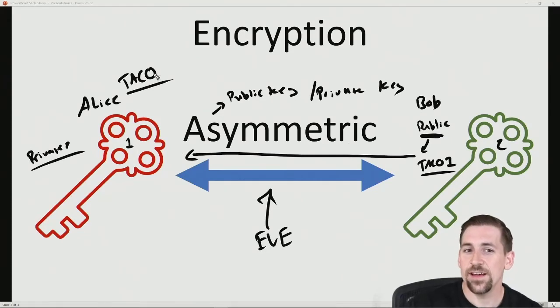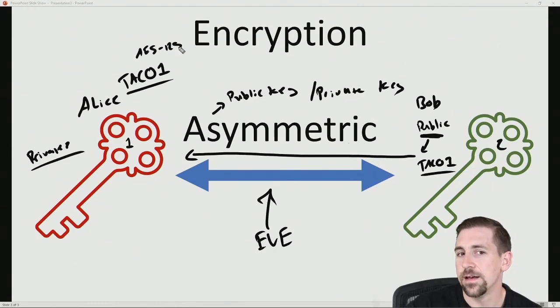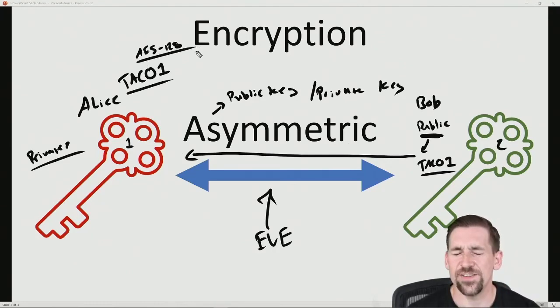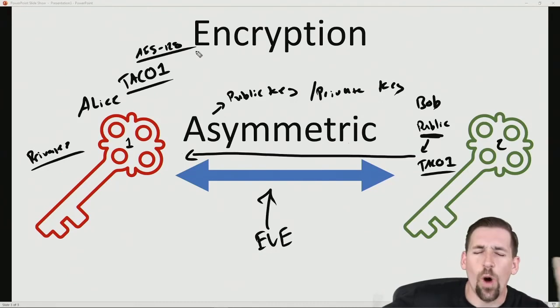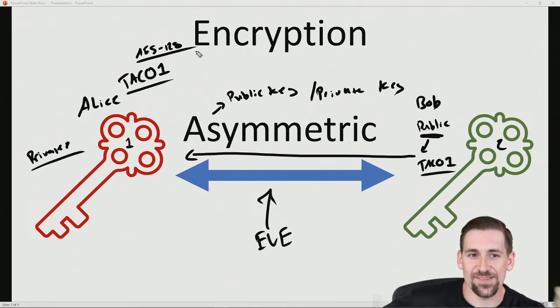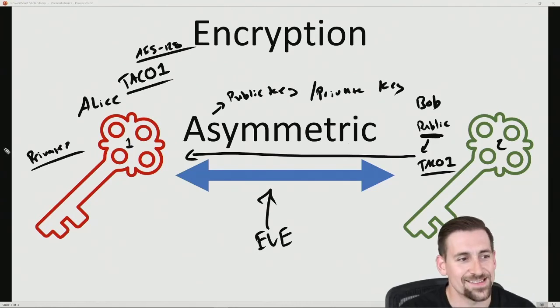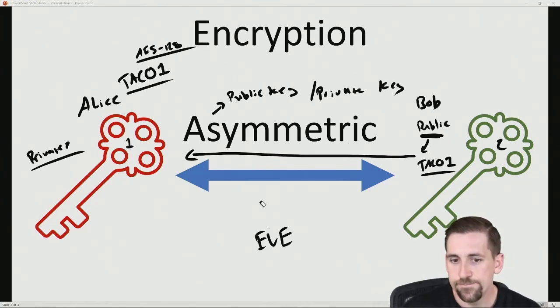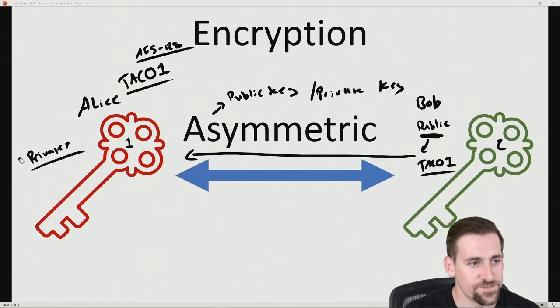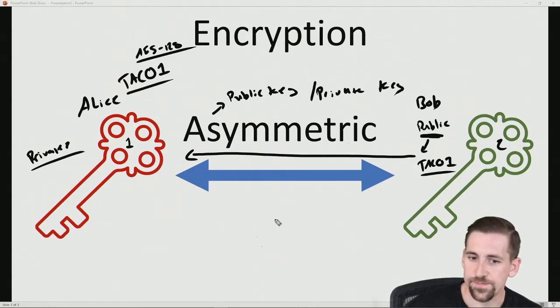We can then go on and use a symmetric algorithm, let's say AES 128, to exchange information. I'm going to get into why we would use a symmetric algorithm over an asymmetric algorithm, but what I'd like to do before that is show you some examples of asymmetric algorithms.